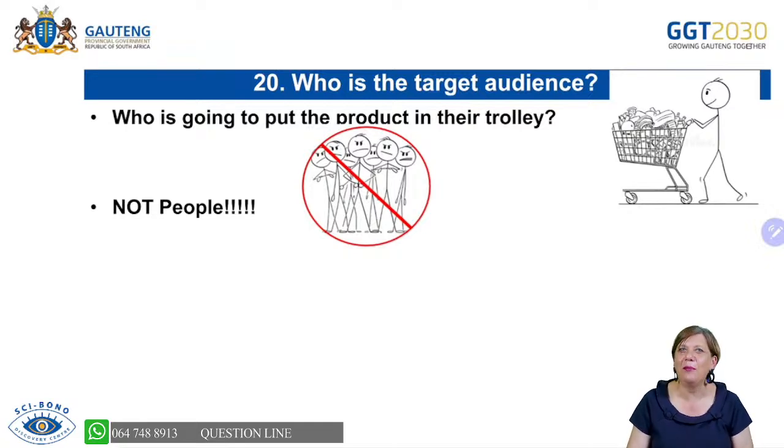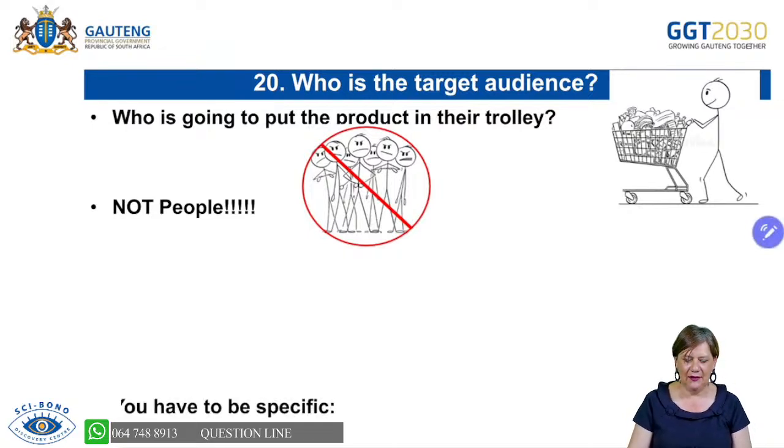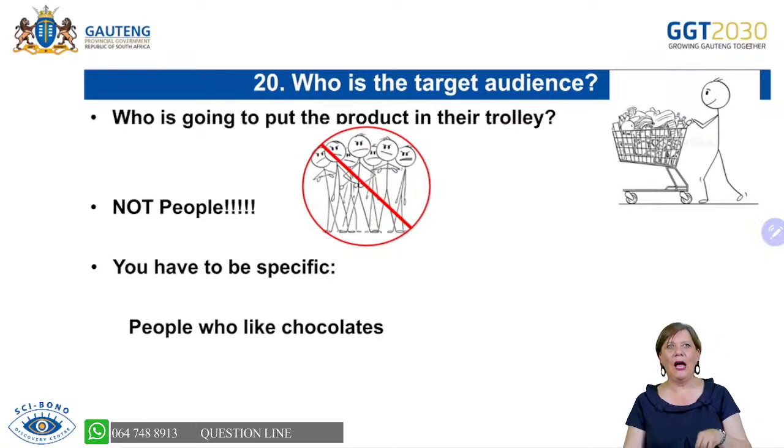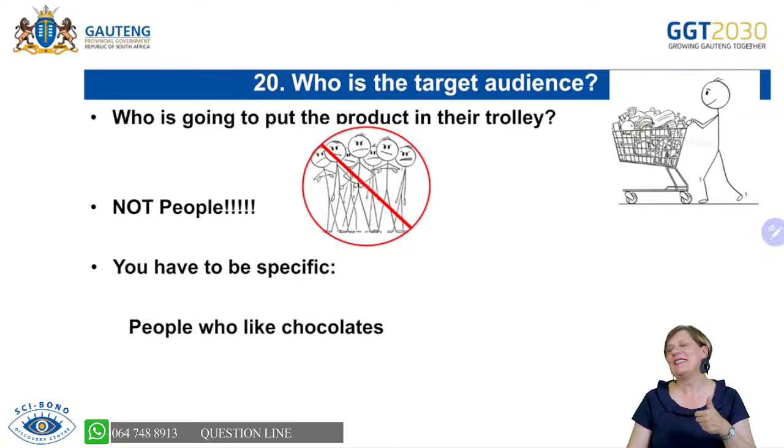So you can't just say people. You have to be very specific for us. Easy way? People who like chocolates. And then you've got it. So in the exam, always start your target audience with people who like and give you the product. It's as easy as that. I shouldn't have told you that, should I?